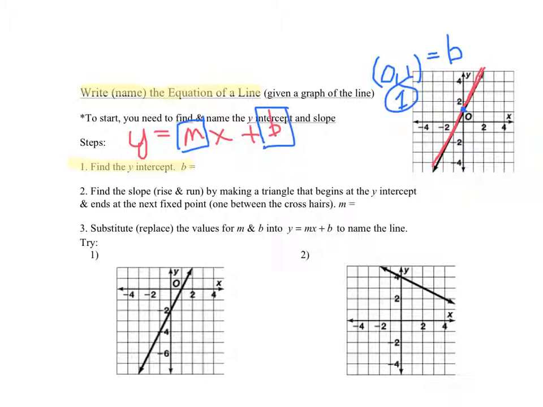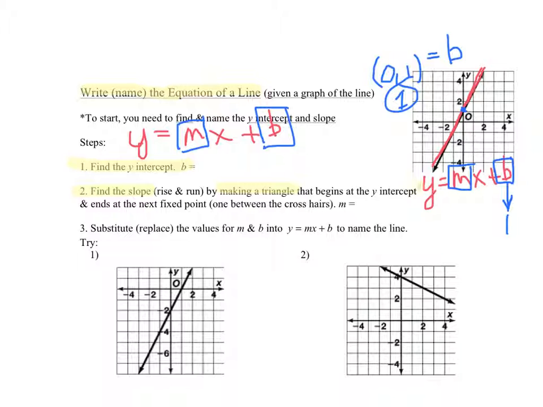So let's write the formula. y equals mx plus b. And we just found the number for b, which will be 1. So now we've satisfied the requirement for finding b. We now have to find the m, or the slope. To find the slope, we're going to use the rise and run, making our triangle.